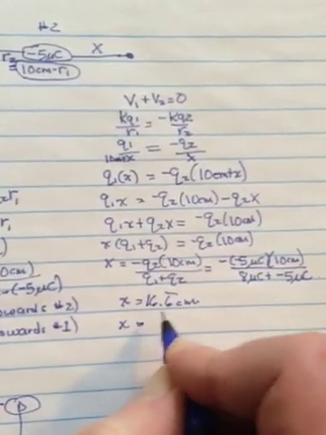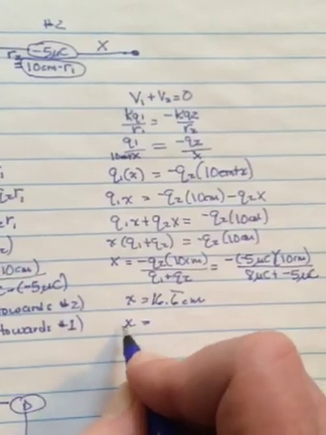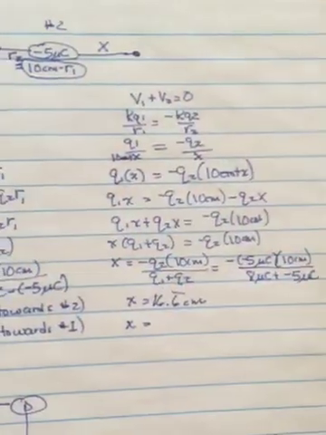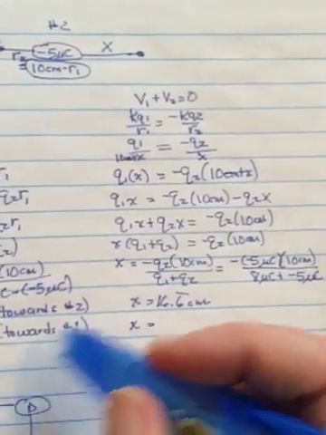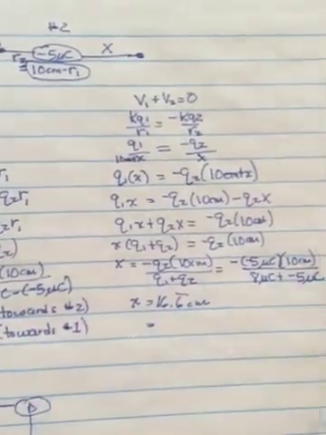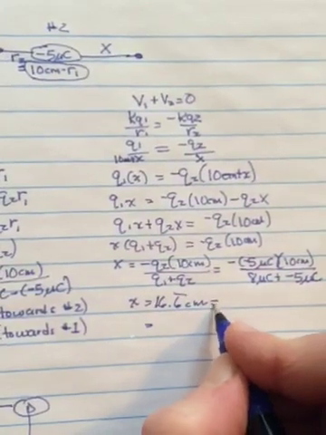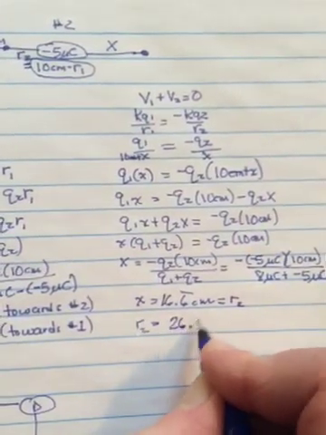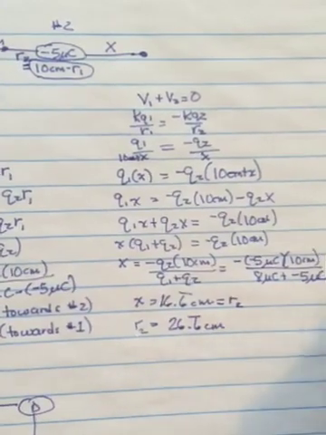And then 10 centimeters plus that. This is really, sorry, this is R2. And then R1 is 10 centimeters plus that, so 26.6 repeating centimeters.